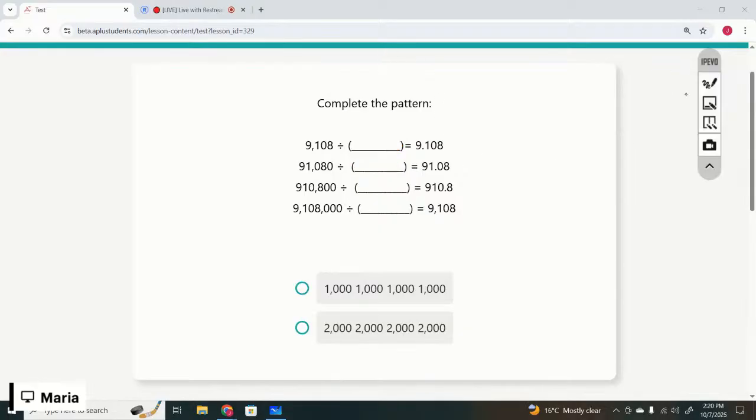Option number one is the correct option. They all are dividing by 1,000.